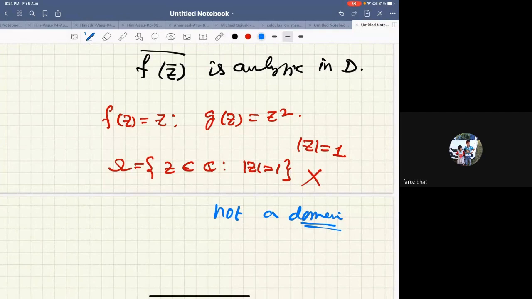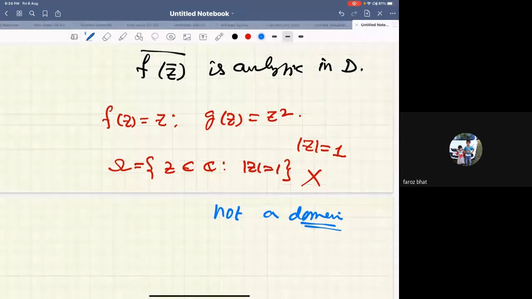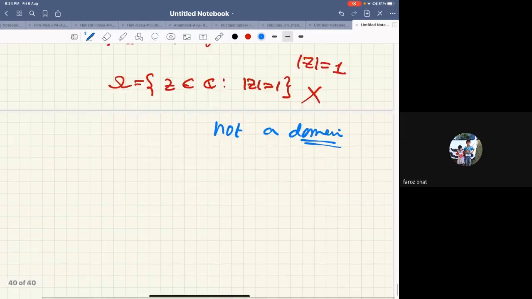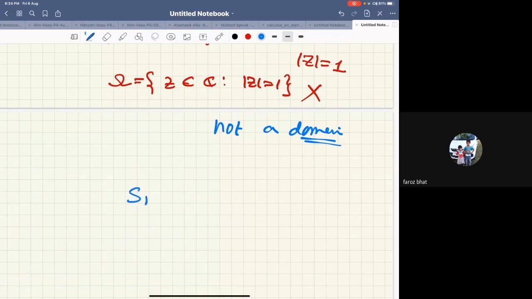Could you please repeat your question? There is a little ambiguity in your question. Can you repeat it one more time? The sequence of partial sums are polynomials, so by the fundamental theorem of algebra, all polynomials have zeros.